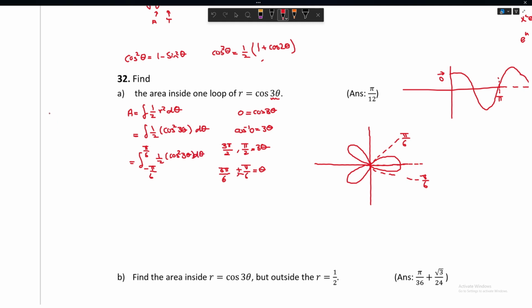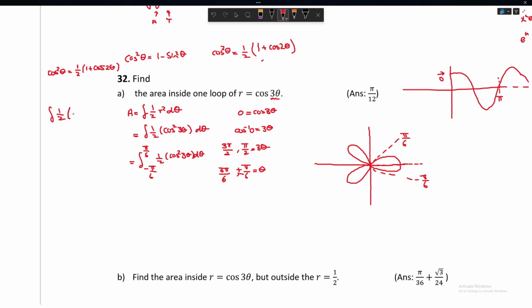Now I'm going to do the integral part on the side here. Cos squared, this is your half angle formula, which equals 1/2 times 1 plus cos 2 theta. But since this is 3 theta, it becomes 6 theta.